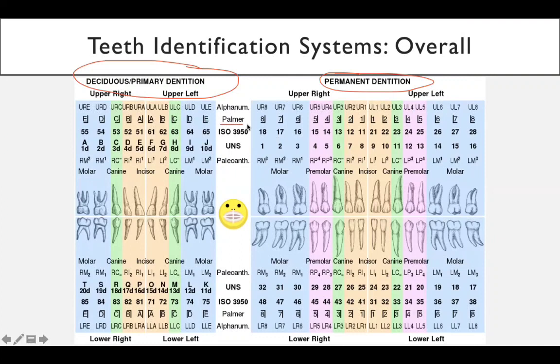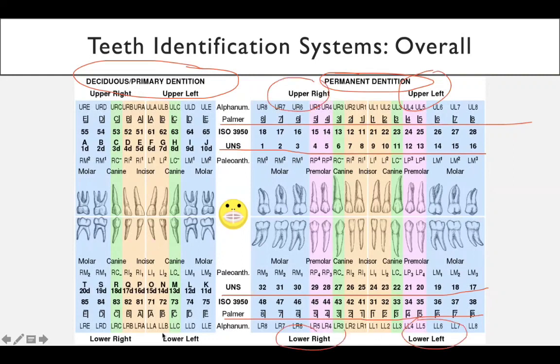Then we follow the universal system for the upper jaw and lower jaw, and the Palmer system for the lower jaw. So here we have upper left, upper right, lower left, and lower right, and the same for the baby, the pediatric patient. So that's how you remember; you revise this table.